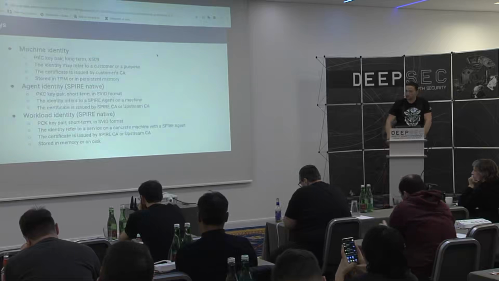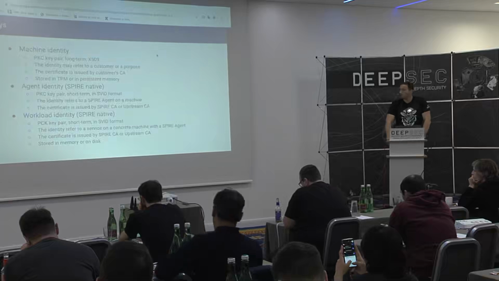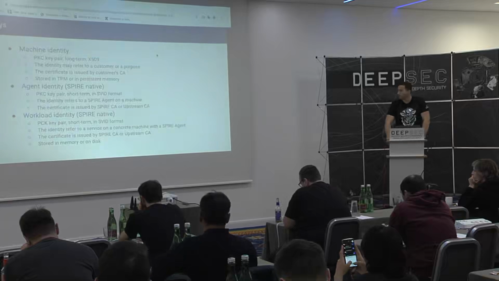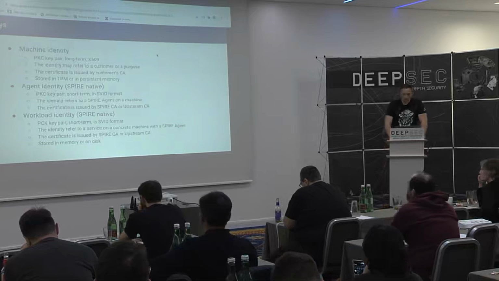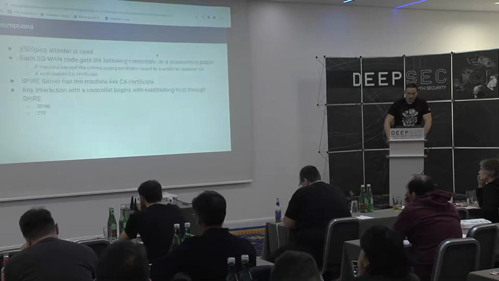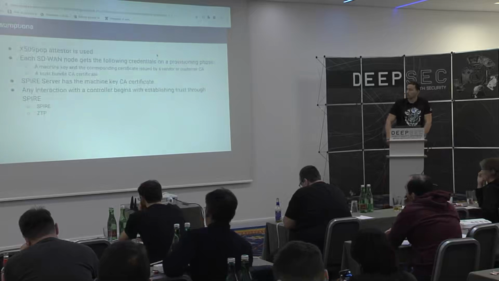And to create the POC using the SPIRE framework, we need the following keys. Machine identity is a long-term key, and agent identity and workload identity keys within the SPIRE framework. And we will use the X509 PoP attester.